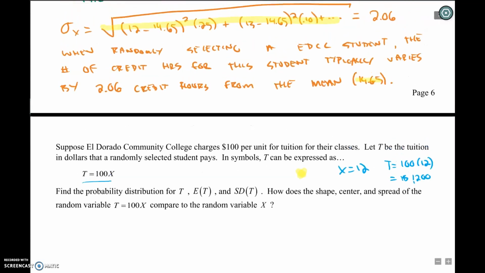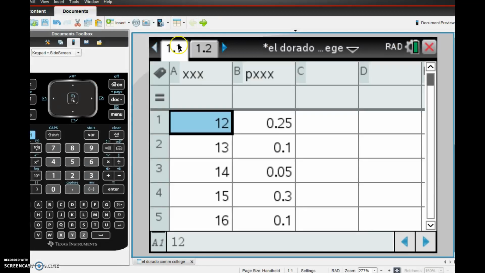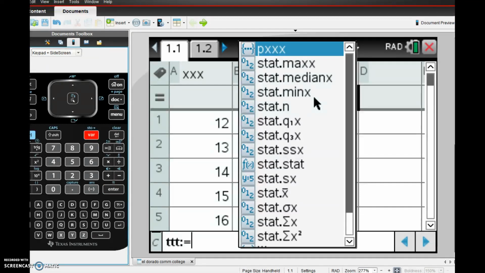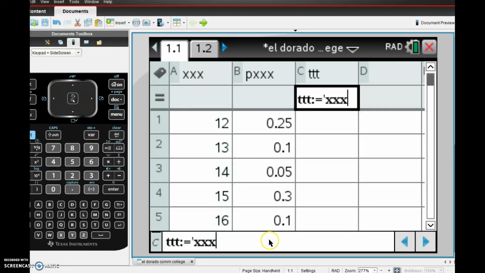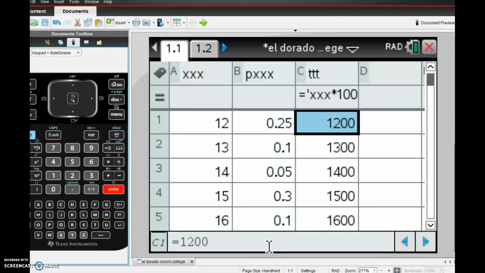So this is a new probability model. In fact, we can actually make the probability model on our calculator. So let's put in our T's, our tuitions, and the formula is going to be: I'm going to take my x's and simply multiply them by 100. So these are the tuitions, and these are their associated probabilities.